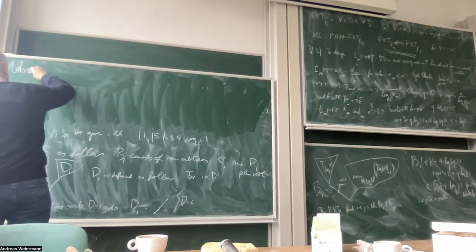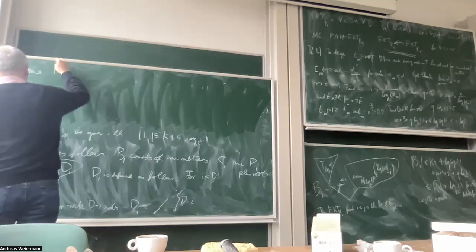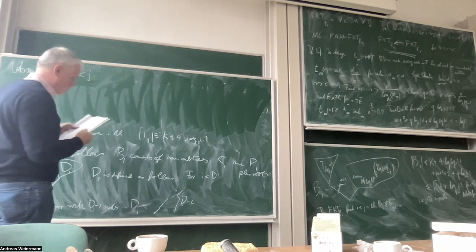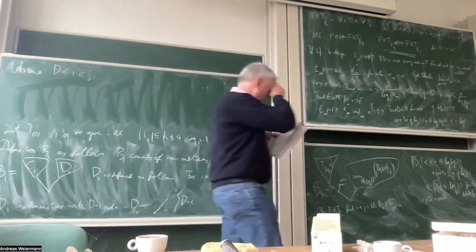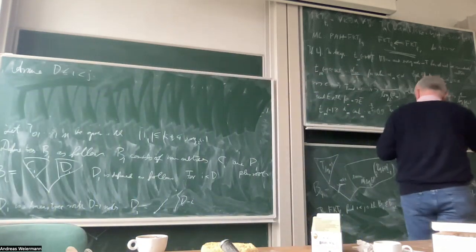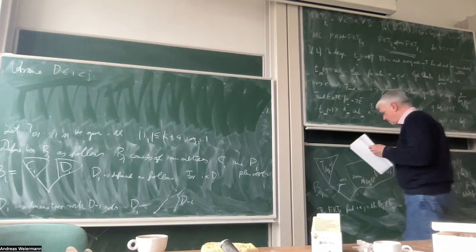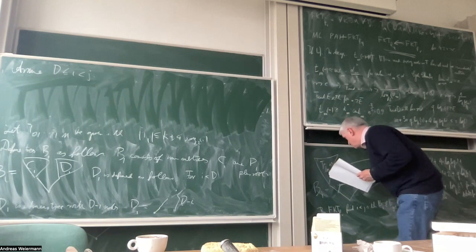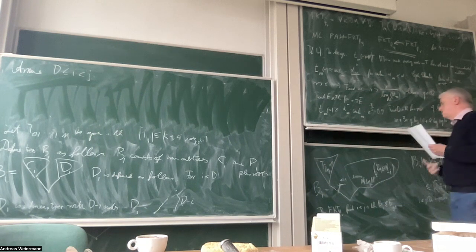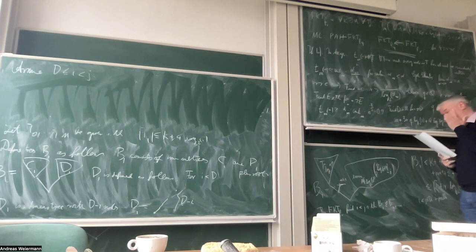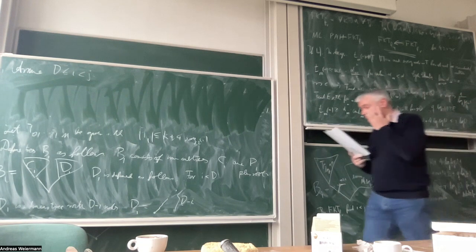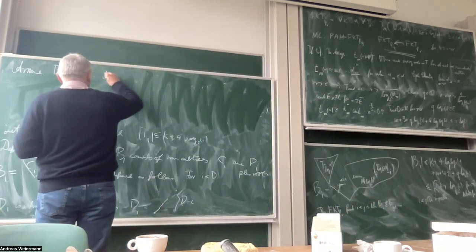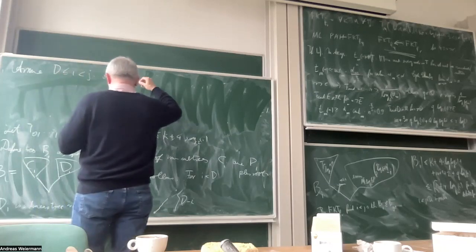Assume that D is equal to I less than D. Well, we assume here, as usual, that we have here some rounding. So we take here some integer part.